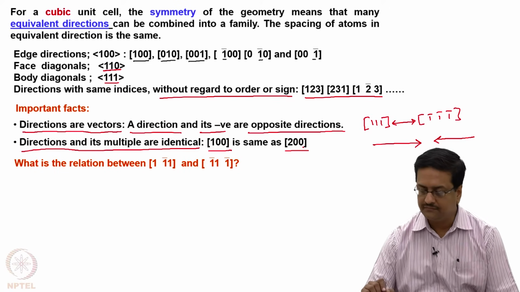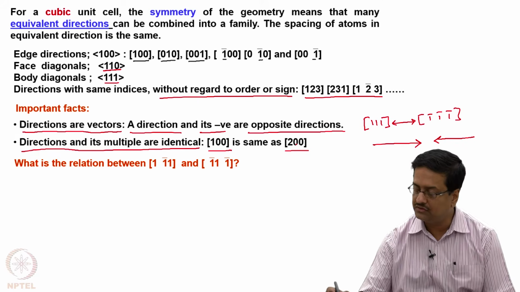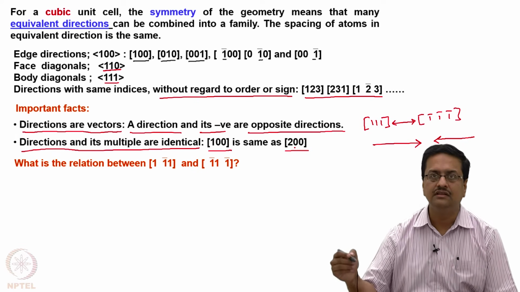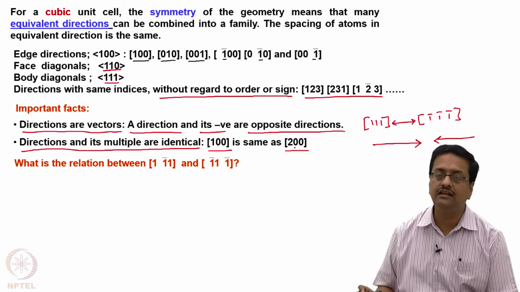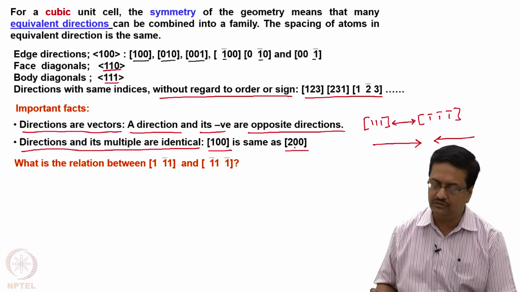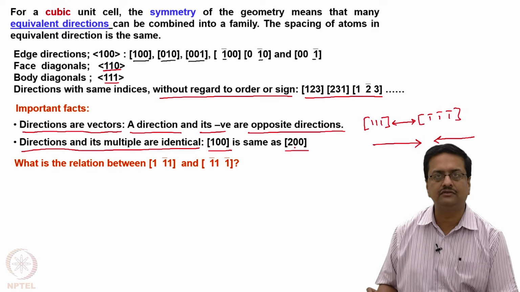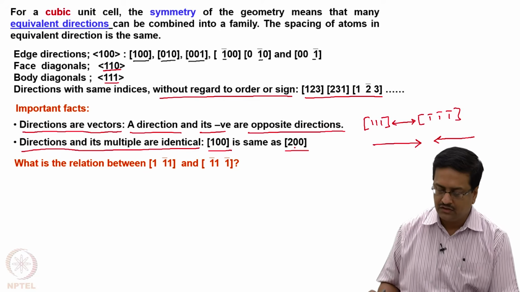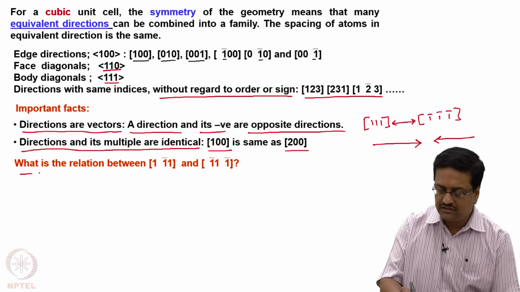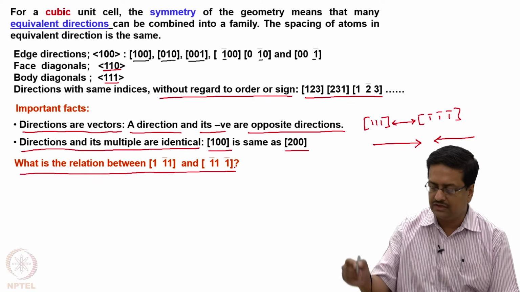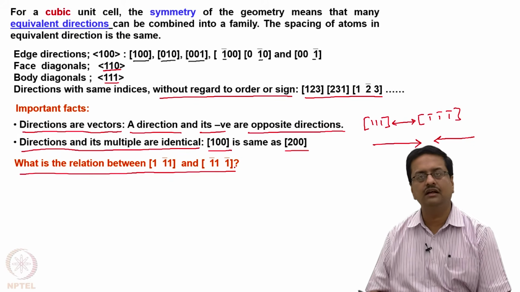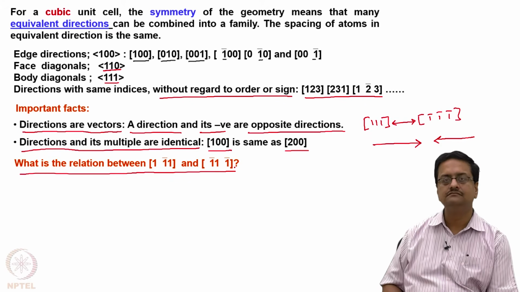So in case of directions, one should always reduce the HKL indices to their minimum value and write that as the correct Miller indices for those directions. So what is the relation between these two directions, 1 1 bar 1 and 1 bar 1 1 bar?